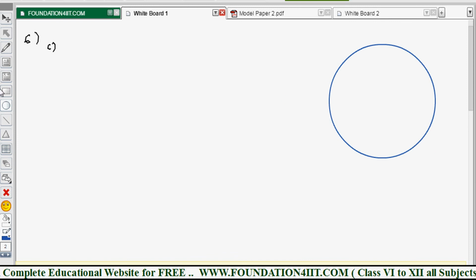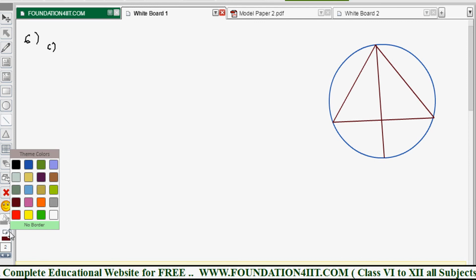And ABC is the triangle, and I is the incenter, with AI touching the circle at D. Now let me join these points.